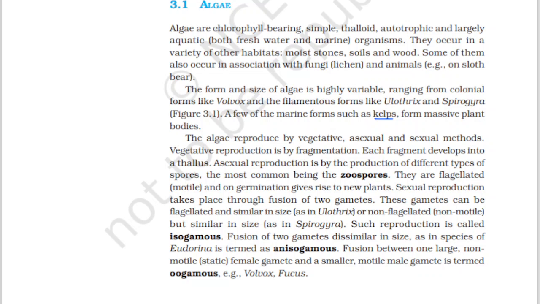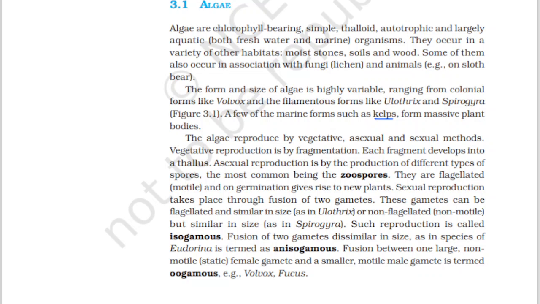When the gametes are of the same kind and similar in size, that sexual reproduction is called isogamous. Fusion of two gametes dissimilar in size, as in species of Eudorina, is termed anisogamous.